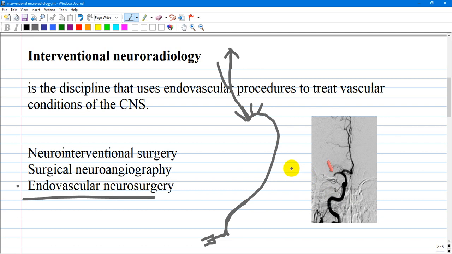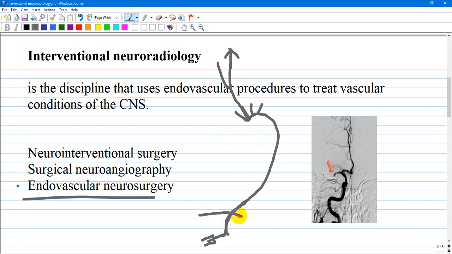So interventional neuroradiology is firmly established in the management of cerebrovascular disease, and there is evidence that aneurysm coiling has an advantage over surgical clipping of the intracranial aneurysm.